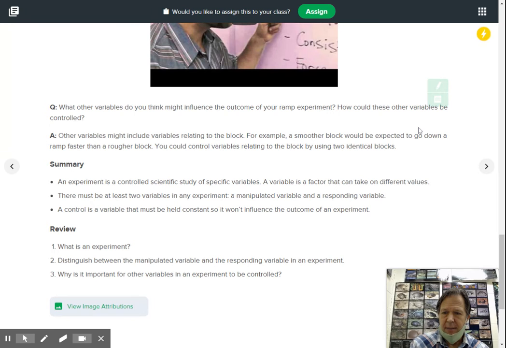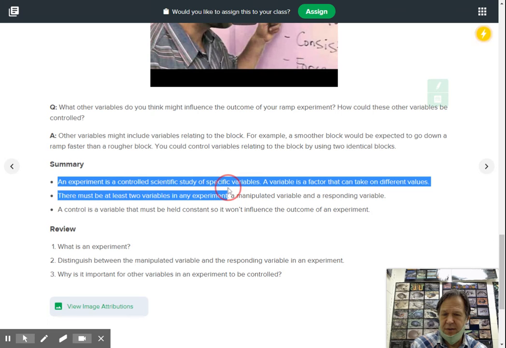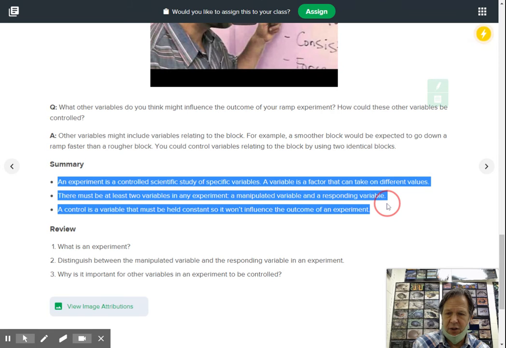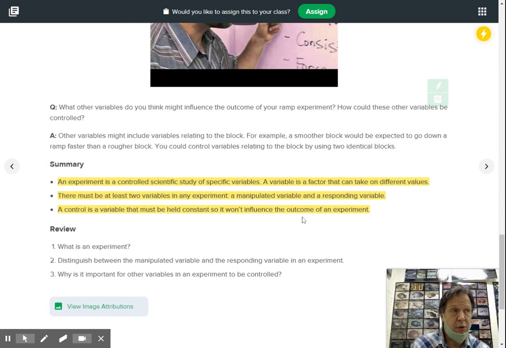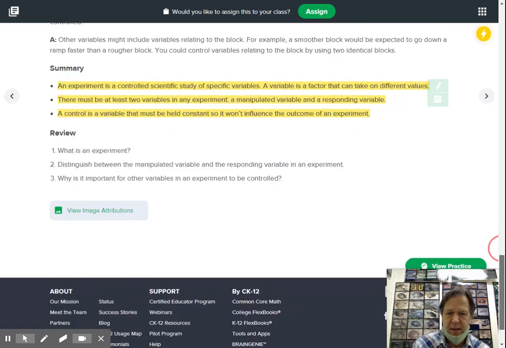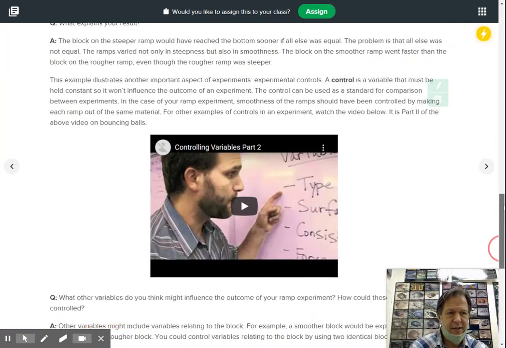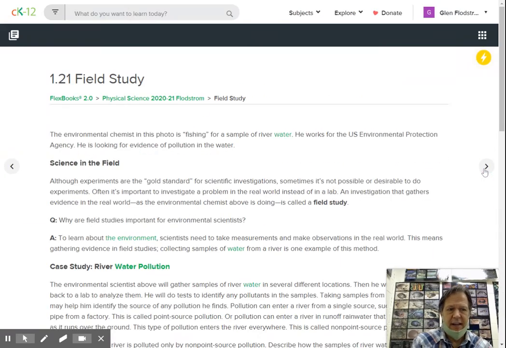So here's your summary, pretty much what I have up here. Experiment: it's a controlled study. There are two variables, manipulated and responding, and then you also have your controlled variables that are the same for both sides, for both groups, experimental and control. Once again, do your practice. There you go.